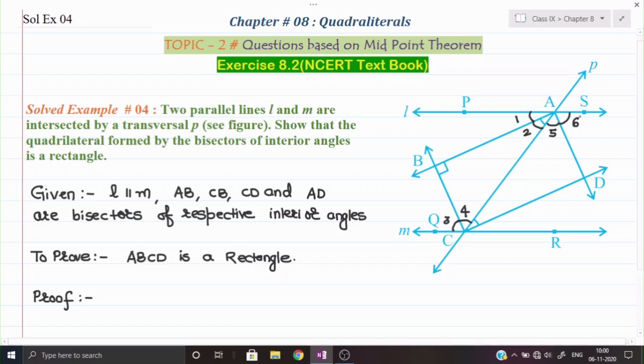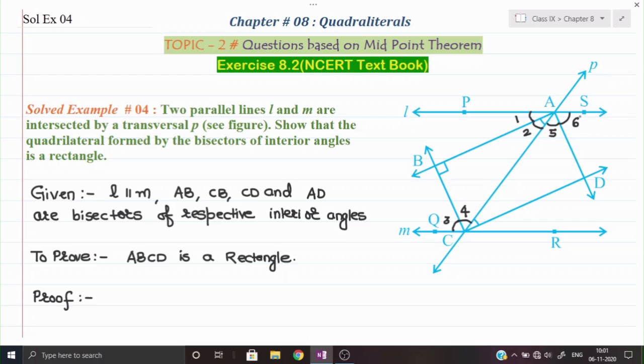Now see, AB is the bisector of interior angle PAC. So angle 1 and angle 2 will be equal because AB is bisecting the angle PAC into 2 equal parts. In the similar way, 3 and 4 will be equal, 5 and 6 will be equal.